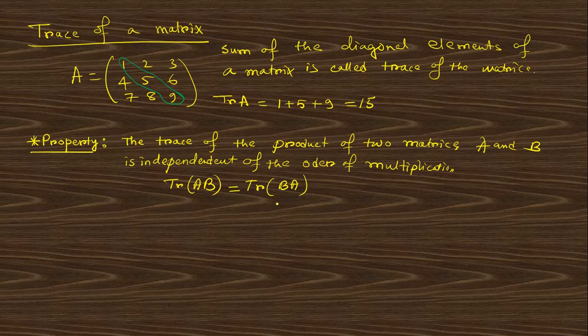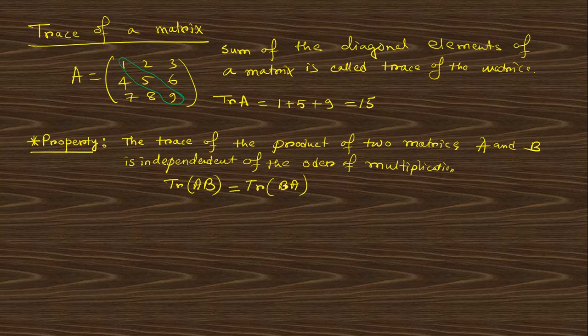Clear? If we multiply B with A and then find the trace, it will be the same. So the trace is independent of the order of multiplication.